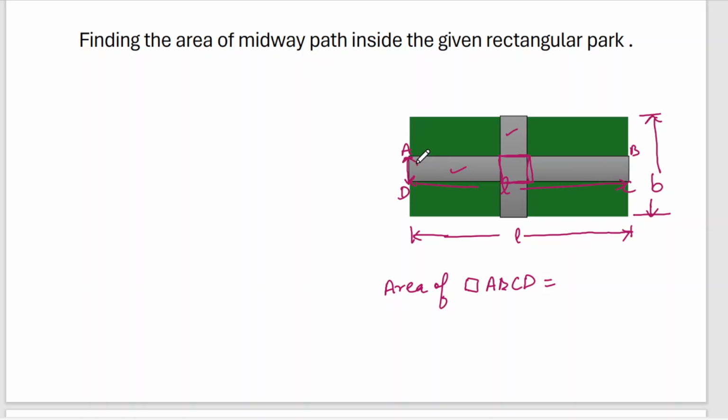So this we have taken as W, the width of the path, and that will work as our breadth also. So what is the area of this rectangle? That is length into breadth. Breadth is our W. So we have calculated the area of this rectangle.